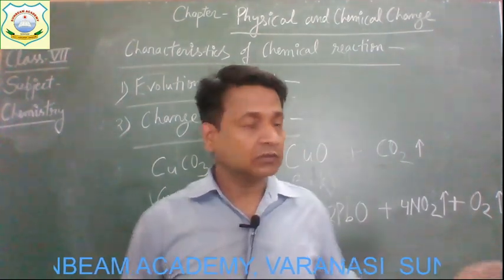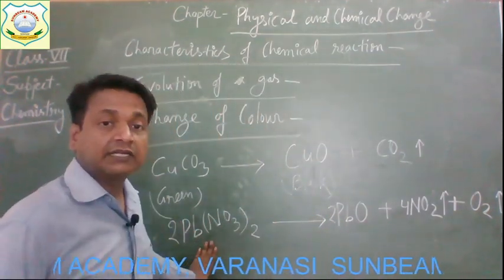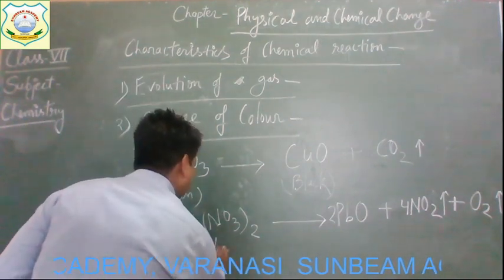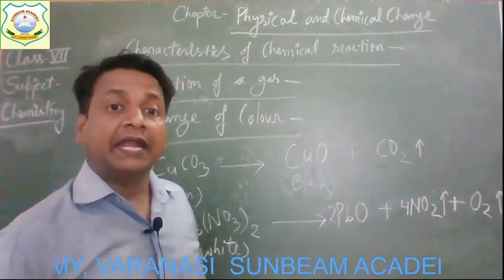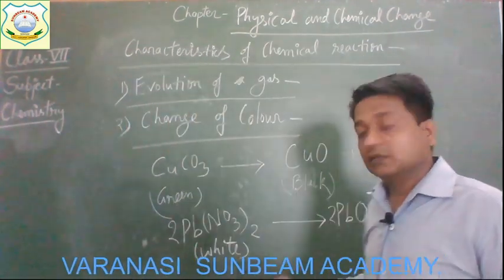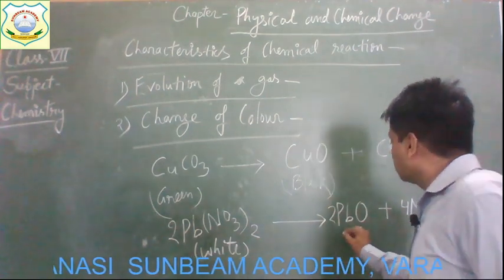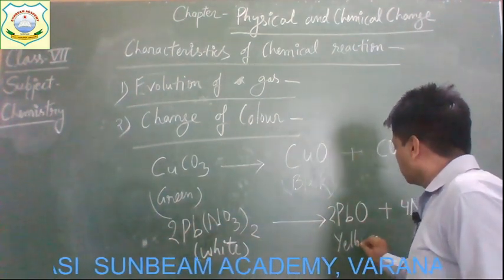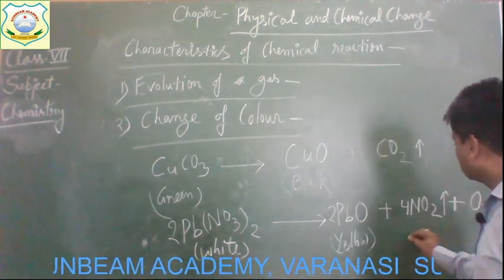Okay children, now the equation is balanced here. The lead nitrate is white in color. After the chemical reaction, the new substance formed, lead monoxide, is yellow in color, and the gas released is reddish brown.